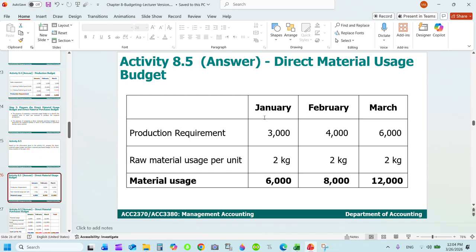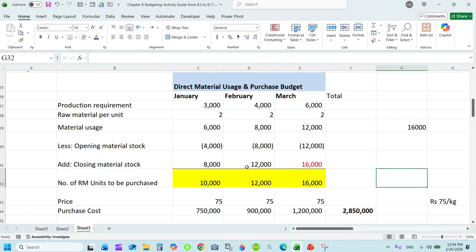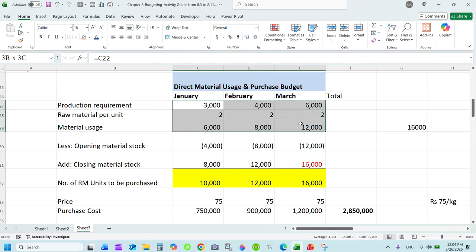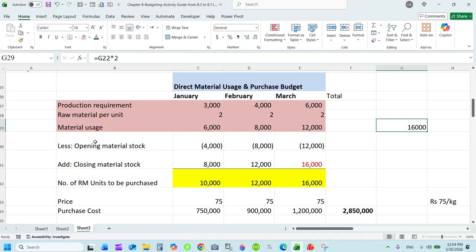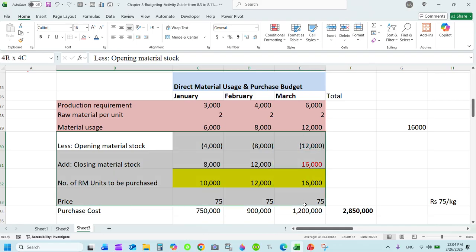These are our material usage budget: 6,000, 8,000, and 12,000. We got it here, right? So this is the material usage budget, and based on this we prepare the material purchase and purchase cost budget.